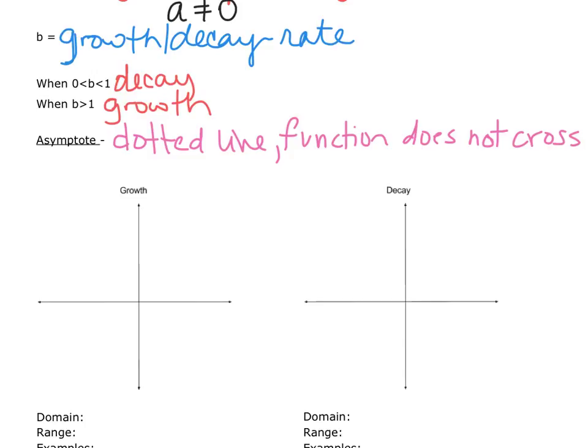Increasing. We said it was going to increase to the right, so. Okay. We also said that this point here where it crosses the y-axis is whatever the a value is. And I'm going to add in that asymptote.